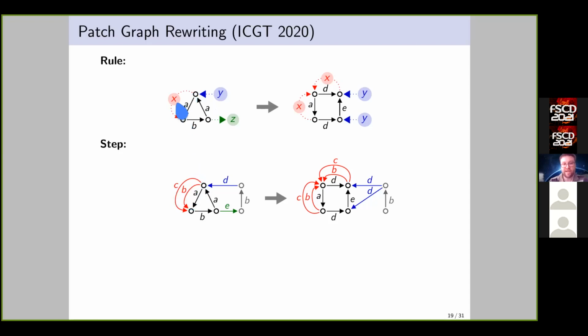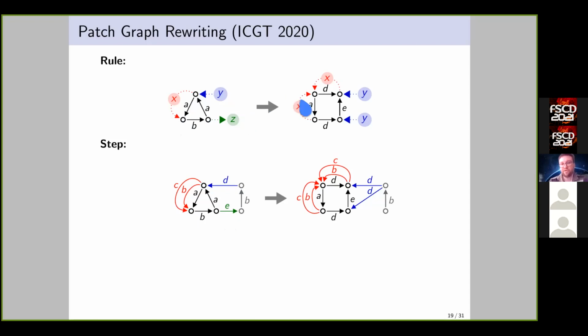For instance, X here captures a set of edges with an arbitrary label from this node on the top to this node here. So it captures C and B here. This Y captures an arbitrary set of edges from the context to this node on the top. So it captures this edge D here. Z captures an arbitrary set of edges from this node into the context. So it captures this E here.